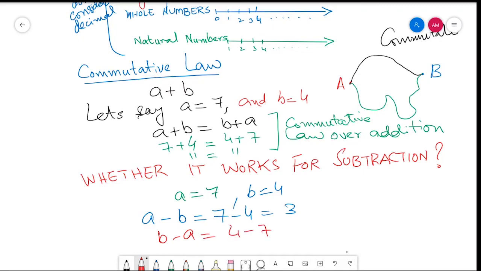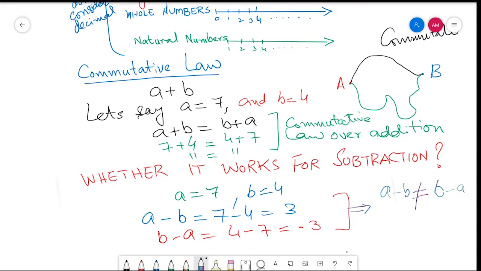No problem if you do not know the subtraction of negative numbers, but naturally it is minus 3. This means A minus B is not equal to B minus A. So the commutative law does not work over subtraction.